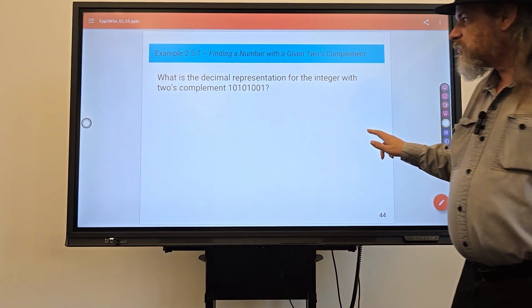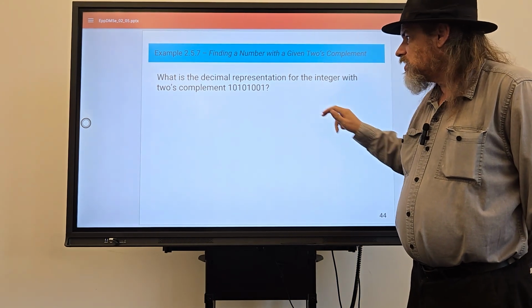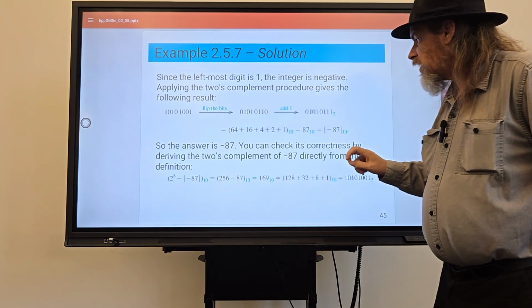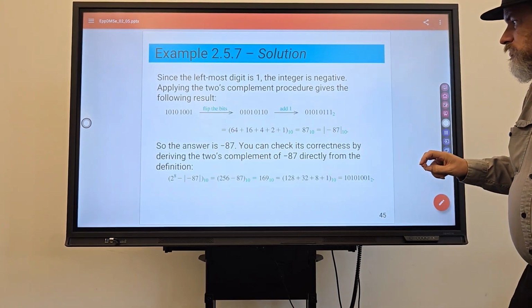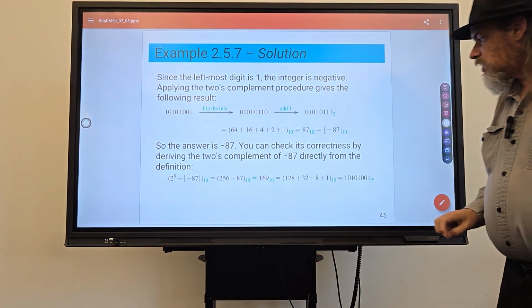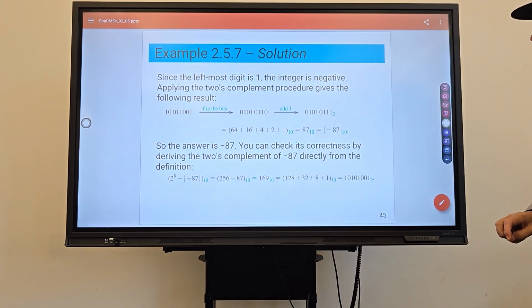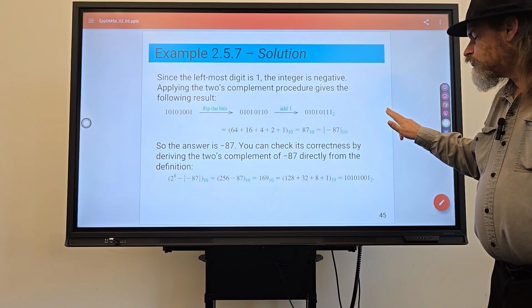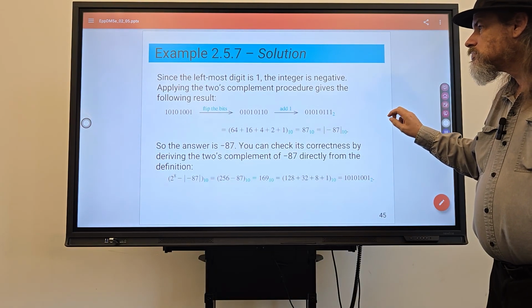So flip the bits, add 1, and then find the decimal representation of that number, which gives you minus 87. So there you go.